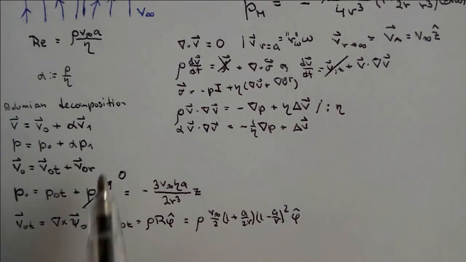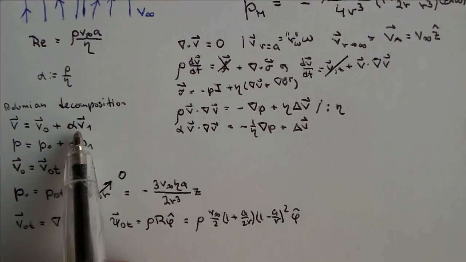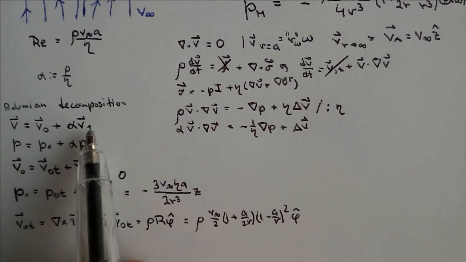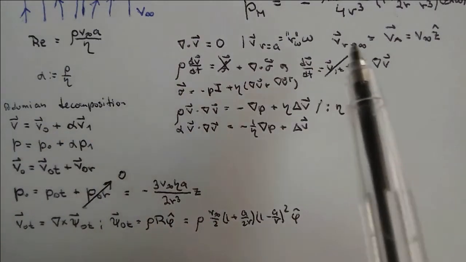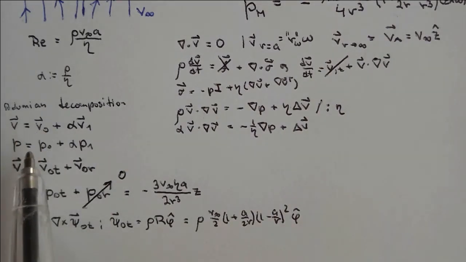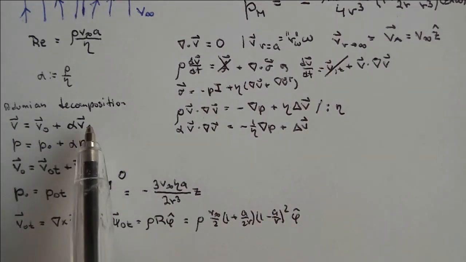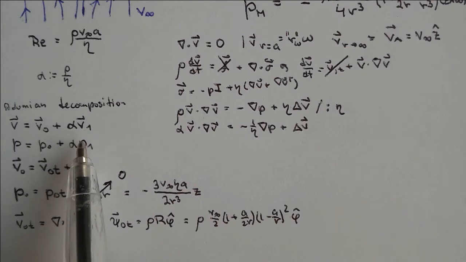The boundary conditions for the excited fields, the vector field and the scalar field for the pressure, are very simple, because the boundary conditions are satisfied immediately with this part. So these terms have to vanish.